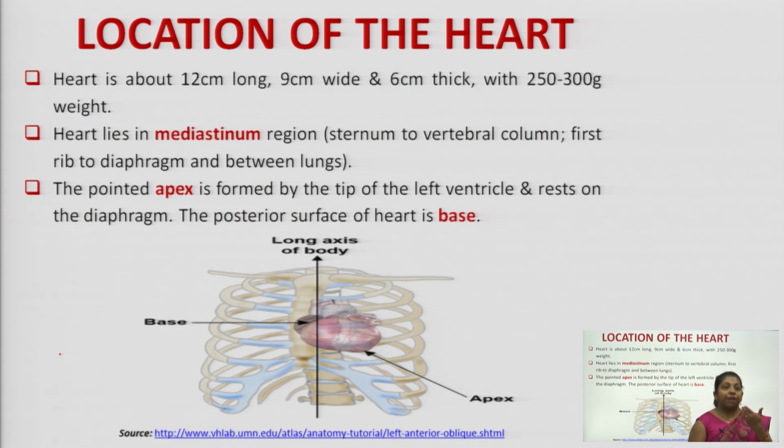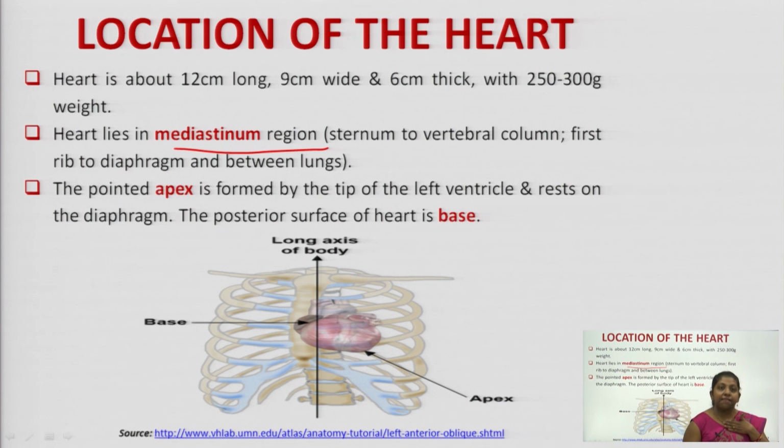Fine. Now, where your heart is situated, the area where our heart is situated is termed as the mediastinum region. The heart lies in your mediastinum region. Now, this region is present at this place.